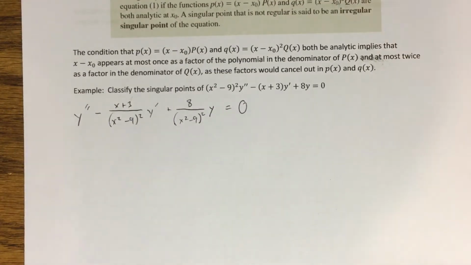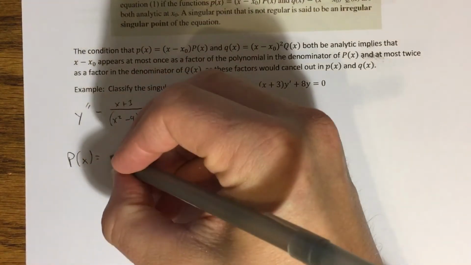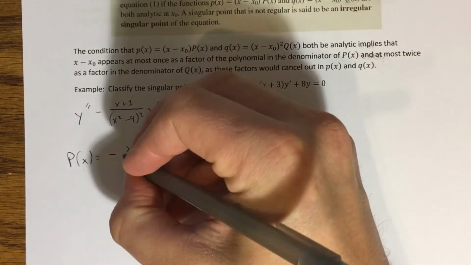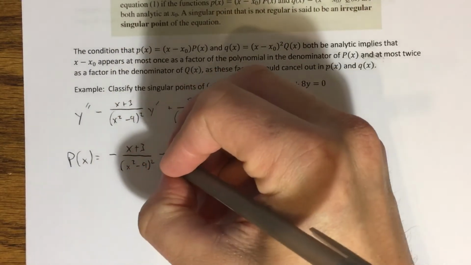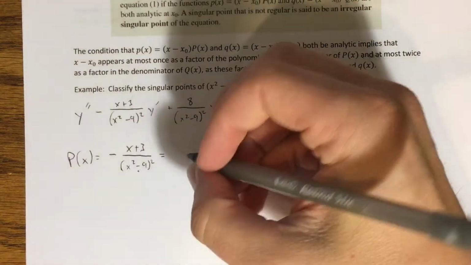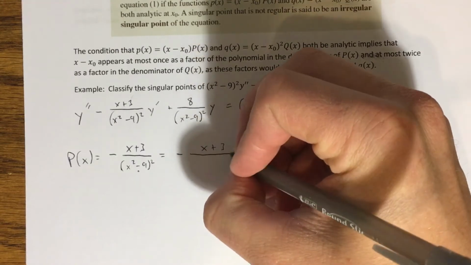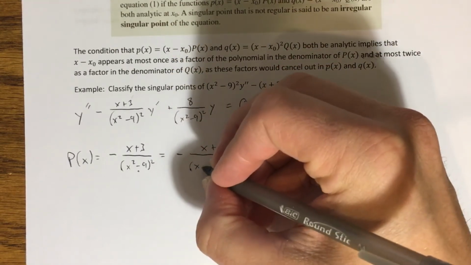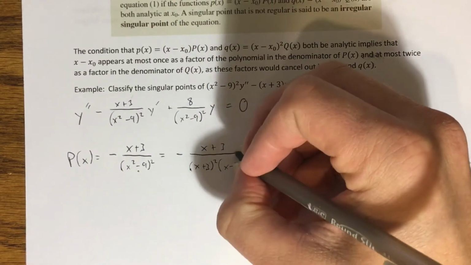Next thing I want to do is identify what p of x and q of x are. So p of x in this case is negative x plus 3 over x squared minus 9 quantity squared. And let's go ahead and do some factoring here to see if anything simplifies. Negative x plus 3 over, this is the same thing as x plus 3 squared times x minus 3 squared.